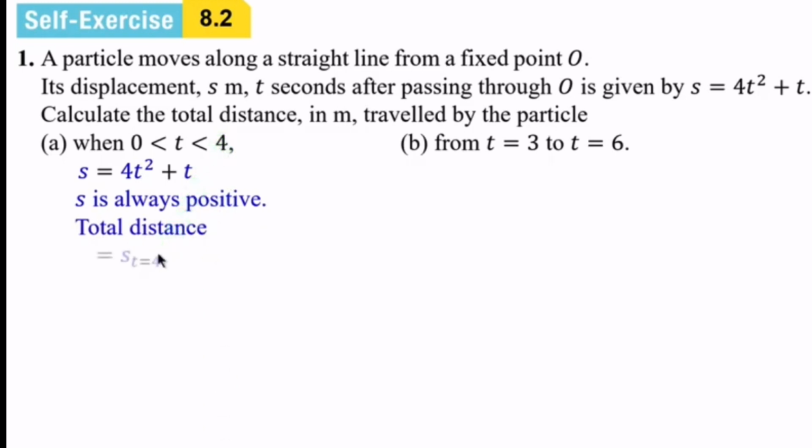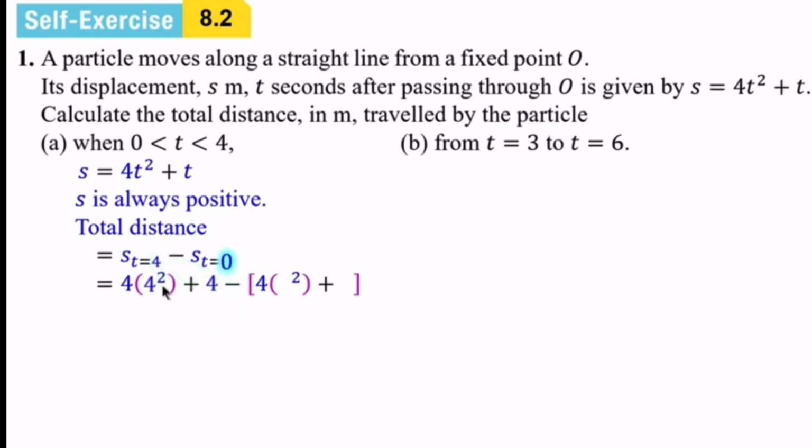So let's see how. When we want to find the total distance, basically we substitute t equal to 0 to find where the particle is and t equal to 4 to find where the particle is, and make sure the values are positive. Make sure the particle is not changing direction, then we can just subtract.